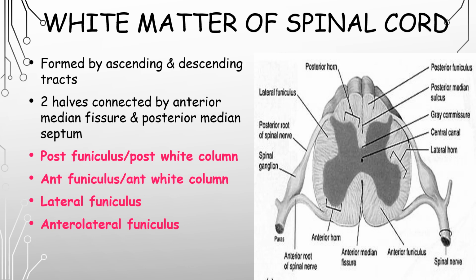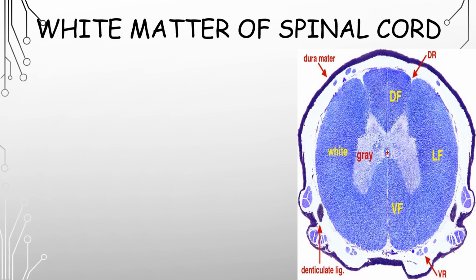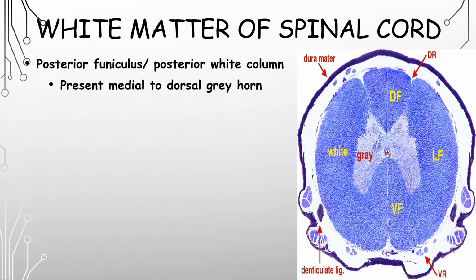and then the dorsal white commissure, and then the ventral white commissure. The white matter of the spinal cord divisions.